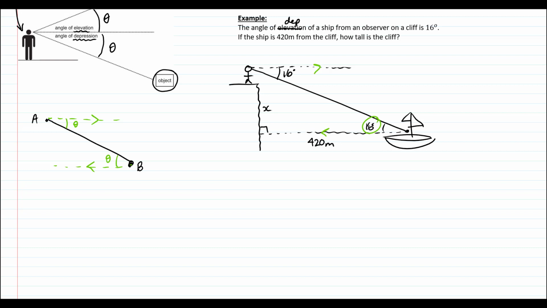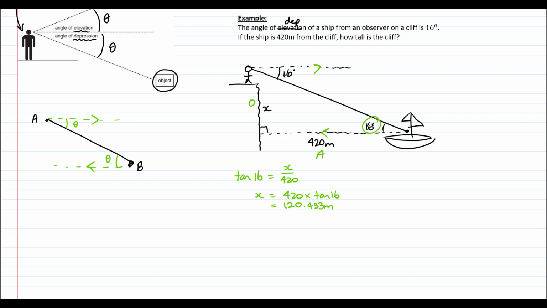And I have an adjacent side and I have an opposite side. And you'll see here that the tan ratios come back up again, and this will actually happen quite frequently. Tan 16 is equal to x over 420. So x, of course, is equal to 420 times tan 16, which is equal to 120.433 meters. And that kind of makes sense.